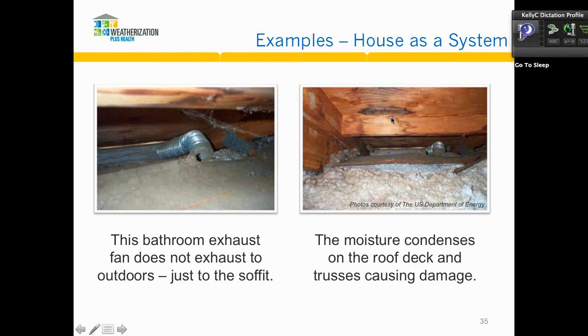It condenses on the cold roof, and then drips down through the insulation, and they see it. One woman, I think, had her roof re-shingled in this one patch 3 or 4 times before she finally got an energy auditor out there, someone from the local community action agency who was able to identify what was really happening in the house. So that's what we mean by house as a system.